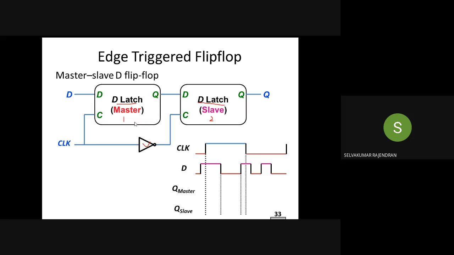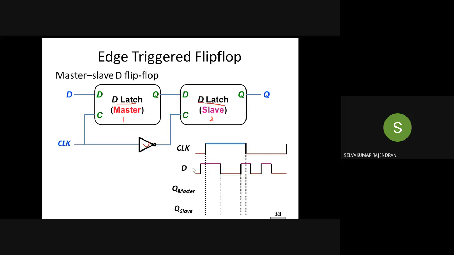That means only one of the stages will be active at a time. If the master stage is active, the slave is inactive. If the master is inactive, the slave is active. Based on this concept, we are constructing the edge-triggered flip-flop. This is the timing diagram used for understanding the concept behind the edge-triggered flip-flop.